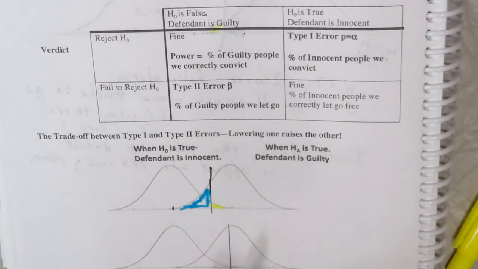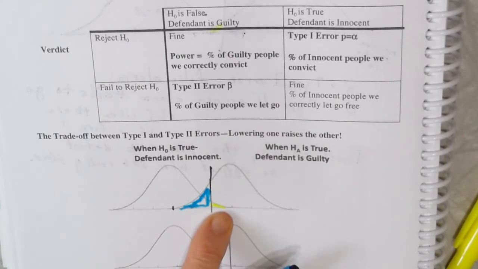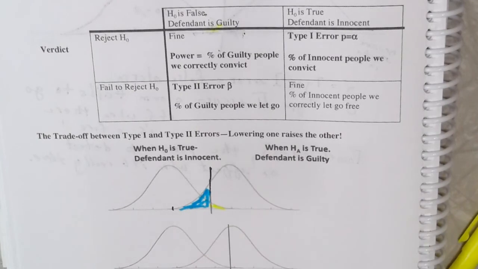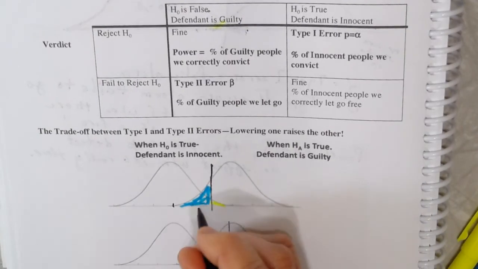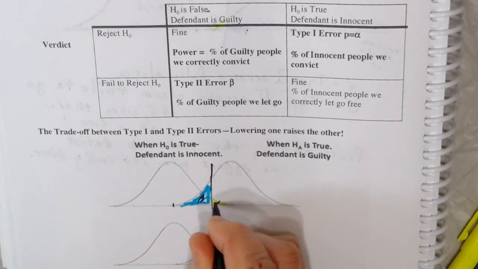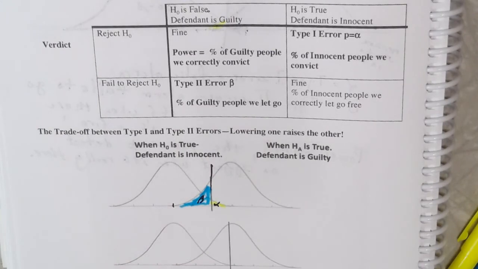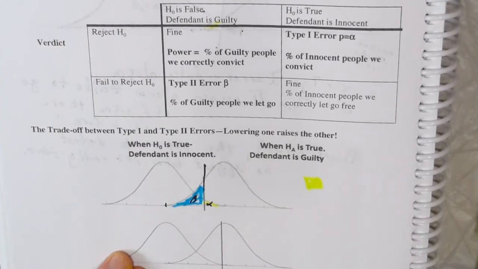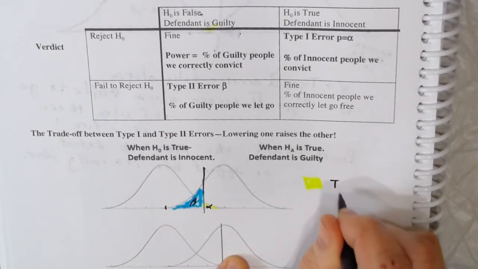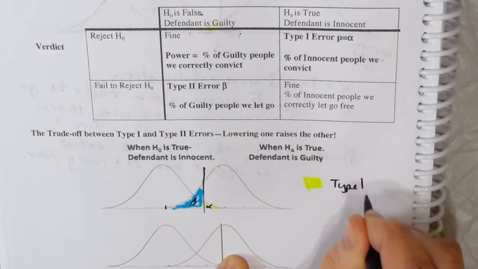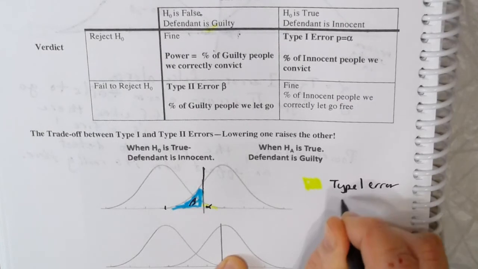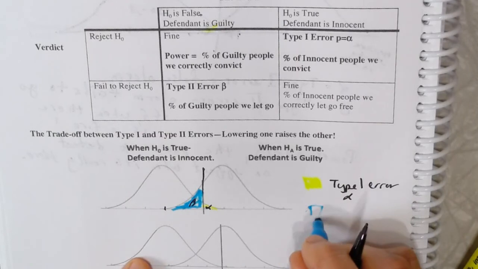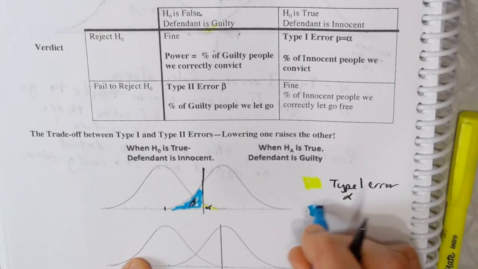So we're weighing convicting an innocent person compared to letting a guilty person free. So this is your beta and that's your alpha. We should write that here. So this is the type 1 error, alpha, and here's the type 2 error, beta.